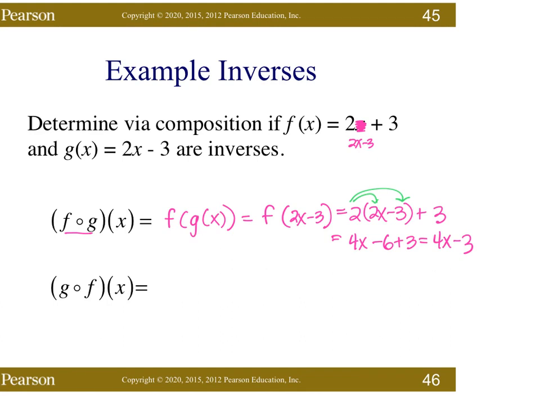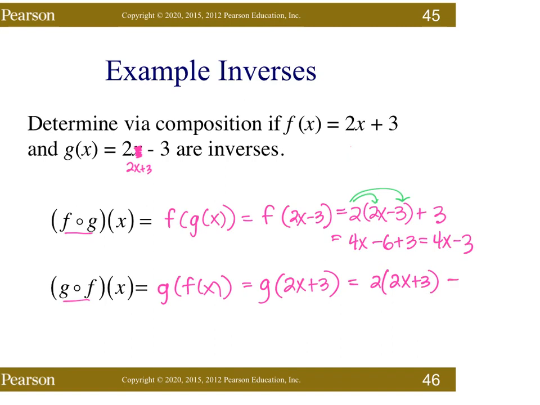Now let's check the other one, g of f of x. That means g parentheses f of x. That means g parentheses 2x plus 3. So then I want to go to the g function, cross out x, and put in 2x plus 3. That's going to give me 2 parentheses 2x plus 3 with a minus 3.